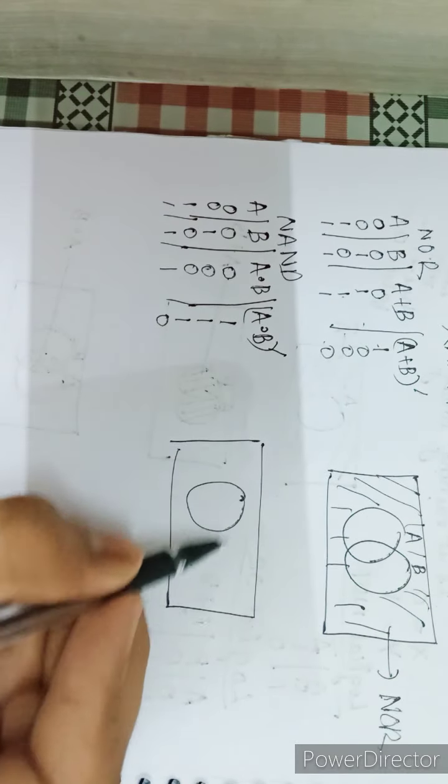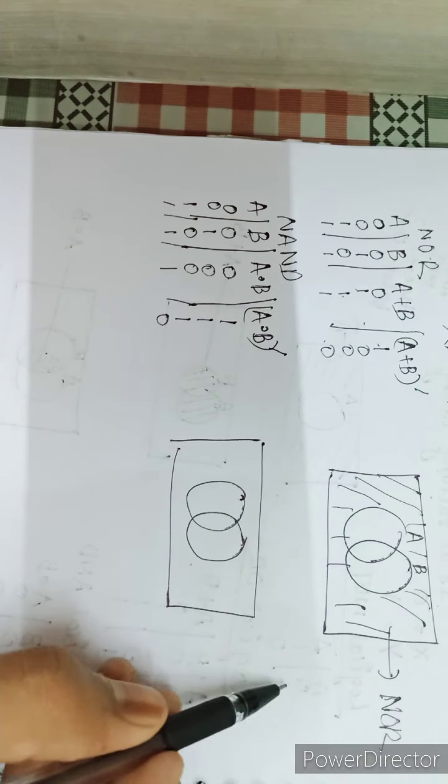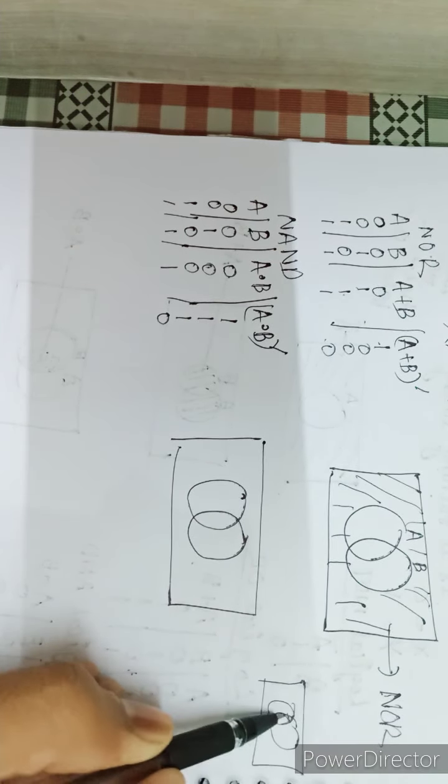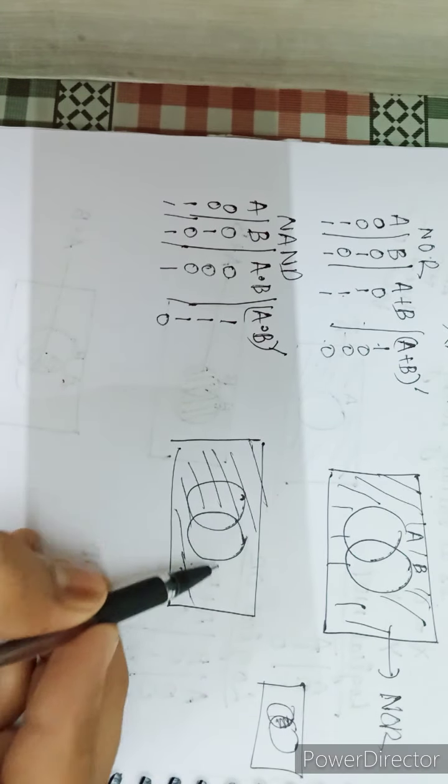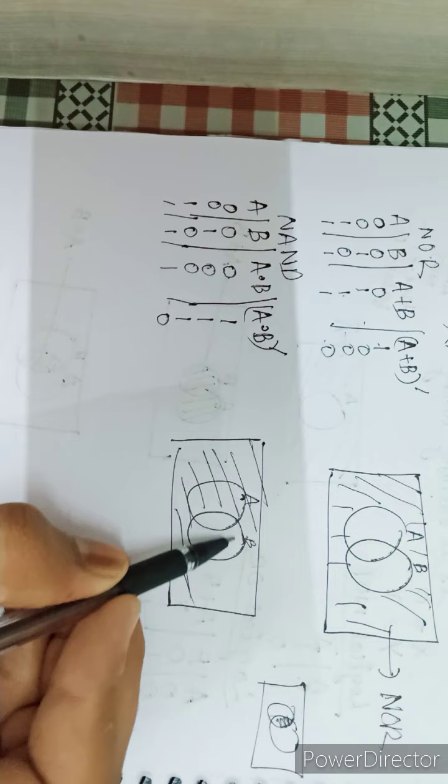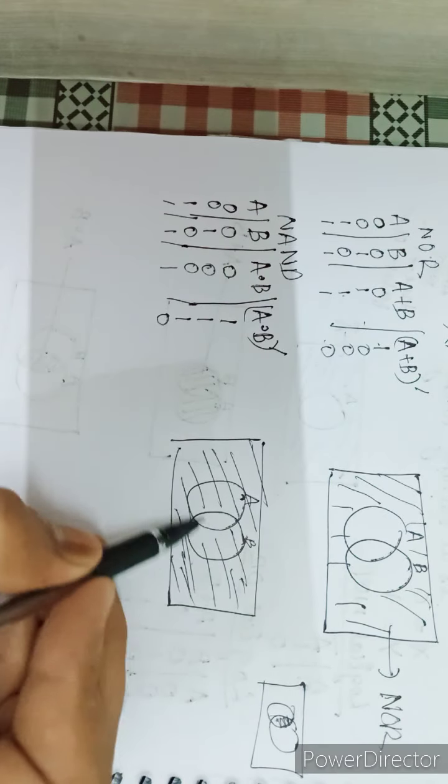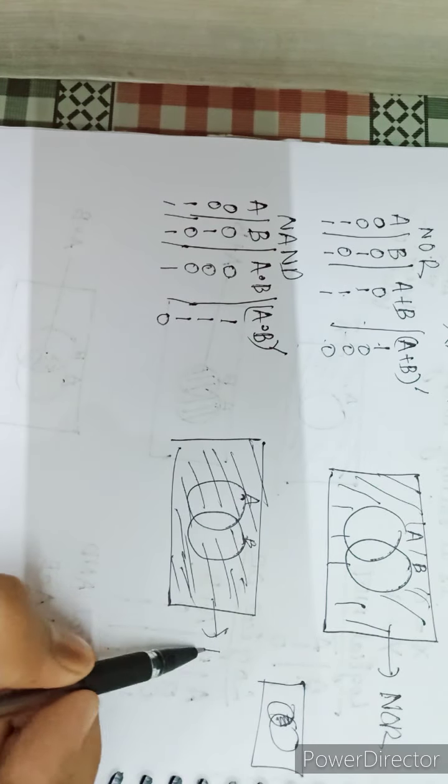Now the Venn diagram for NAND: what was the AND region? It was this one. Excluding this one, the whole remaining region is NAND. This is A, this is B.